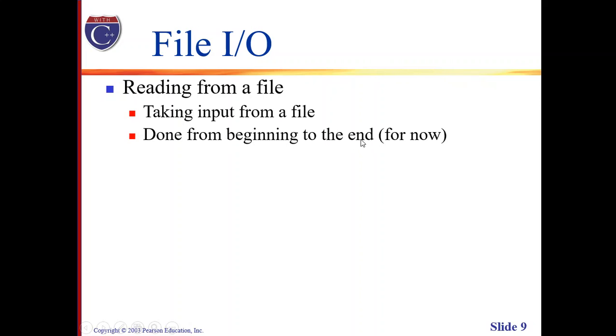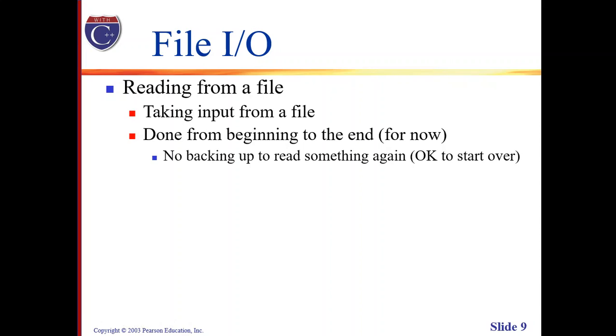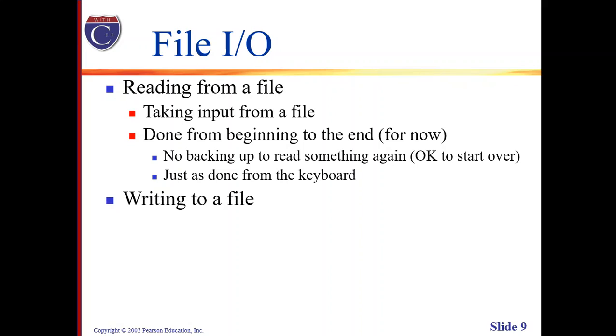Although it is also possible to read a file from any location that we want, for now, as an introduction to file I/O, we will simply read the file from beginning to end. Hence, there's no backing up to read something again for now. Just like providing input from the keyboard, we do it in a straightforward manner. Later on we will explore other ways to read a file from any location that we want.